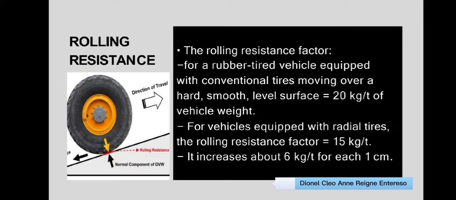So, for example, if the type of surface is concrete or asphalt, its rolling resistance for a rubber-tired vehicle is 20 kg per metric ton, while for radial tires it is 15 kg per metric ton.